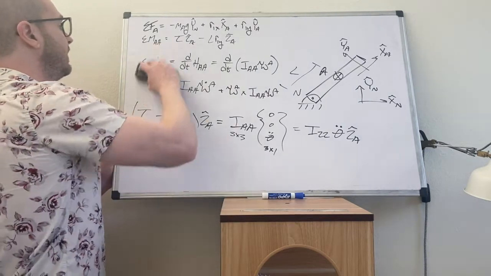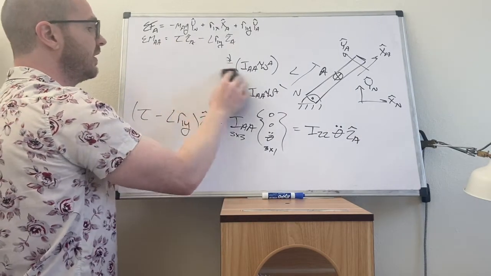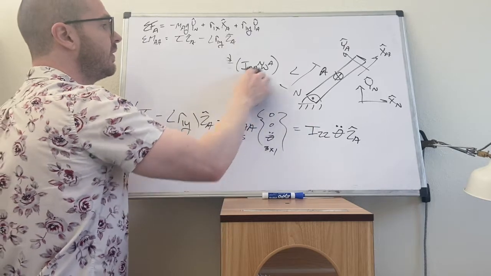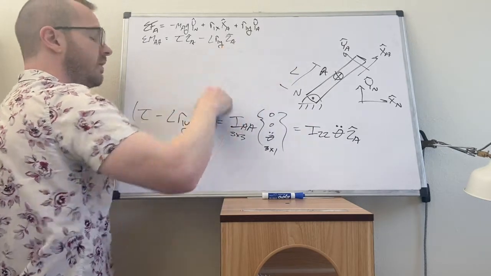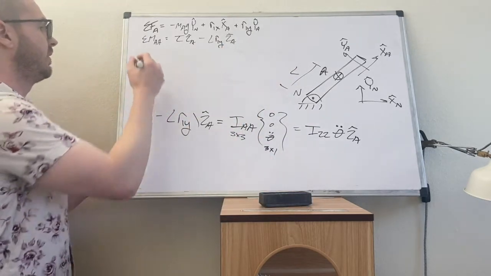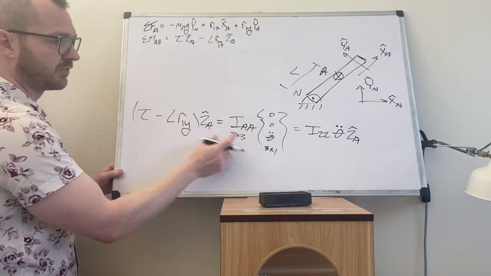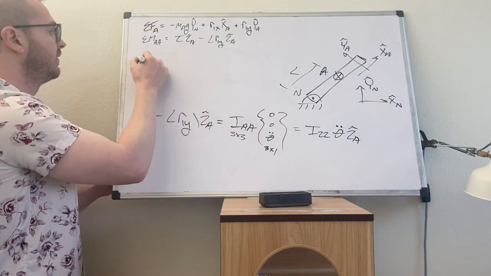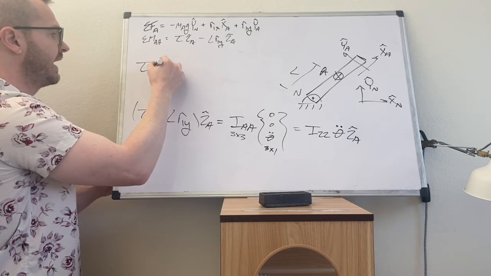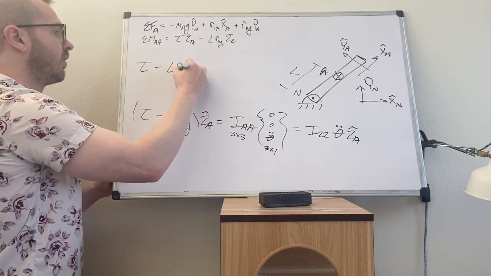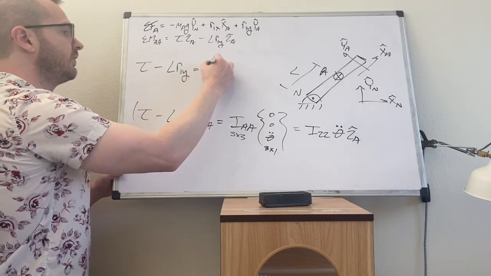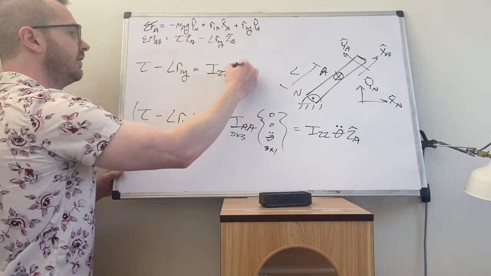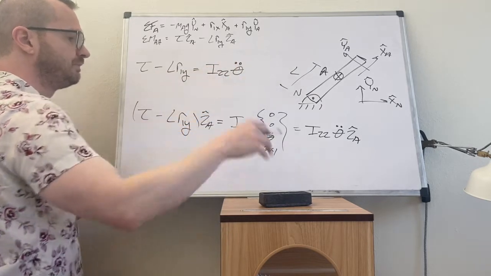Let's clean this up a little bit. I'm going to drop these ZA terms. So as a scalar equation, we have tau minus L R1Y equals IZZ theta double dot.